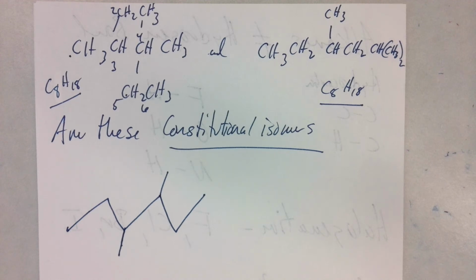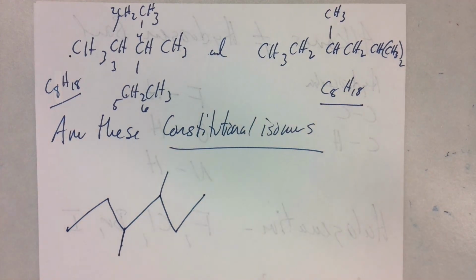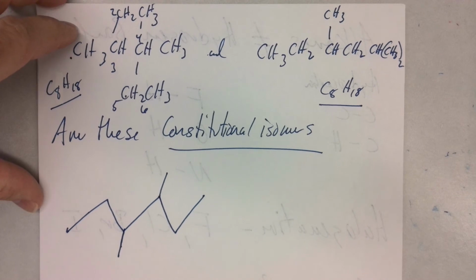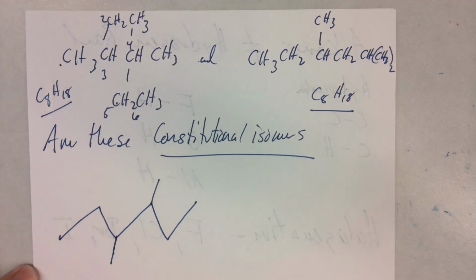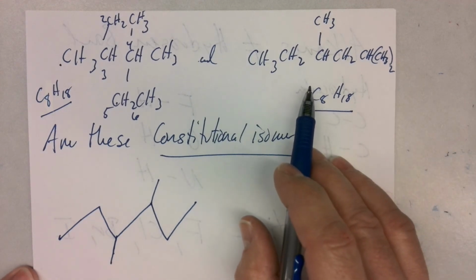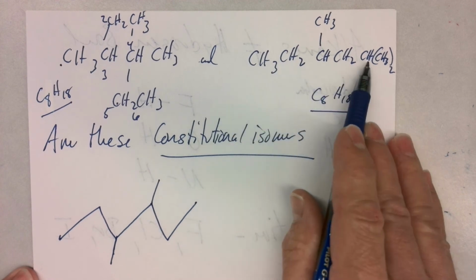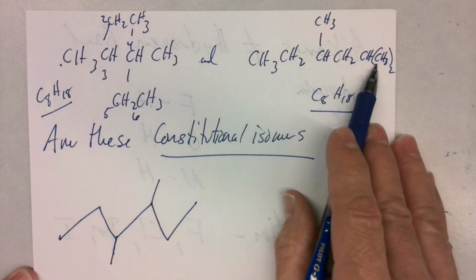Okay, so that would be that. What about this other one? What would its backbone look like? Would it be a hexane? So it'd be a 6 carbon backbone? It'd still be, so I'd go 1, 2, 3, 4, 5, 6 as well.